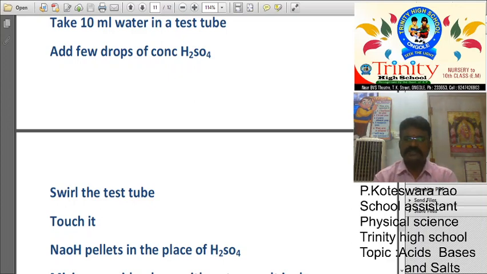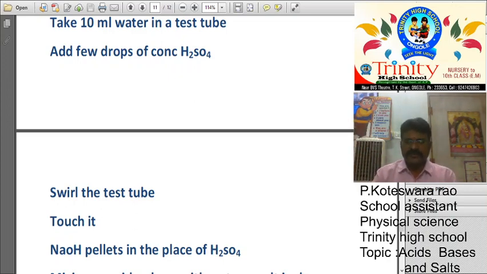Then these types of reactions are called exothermic reactions. So endothermic reaction means heat is absorbed. Exothermic means heat is evolved.